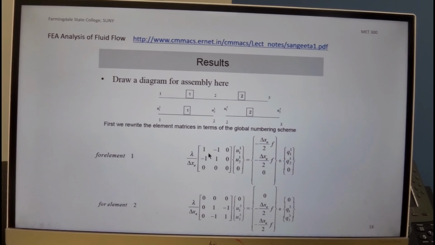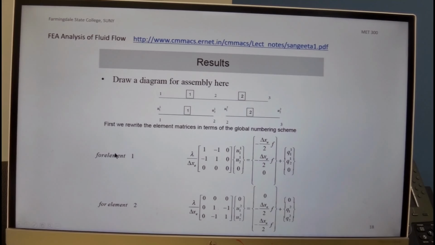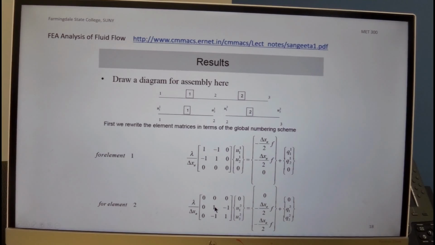Then these algebraic equations can be formulated by assembling the element matrix into the global matrix. So here is the exact same matrix as we saw earlier, and it is embedded inside the global matrix. This is global node 1, global node 2, and the second equation for element 2 is similar to what we had before, but located at nodes 2 and 3.